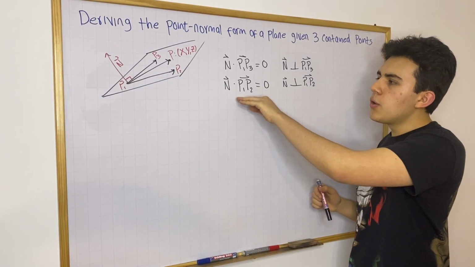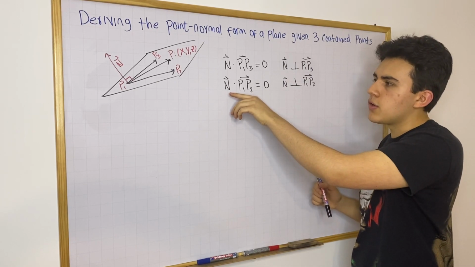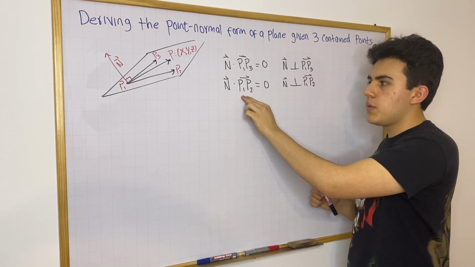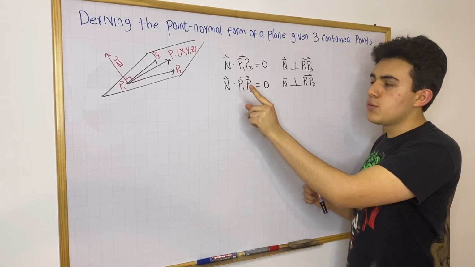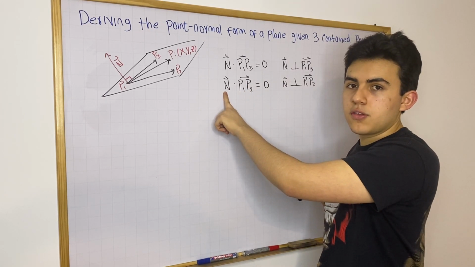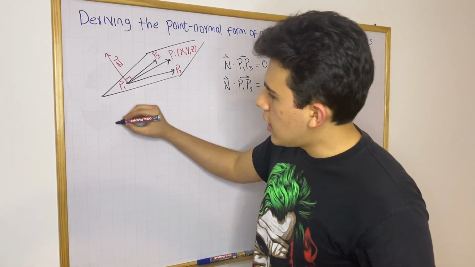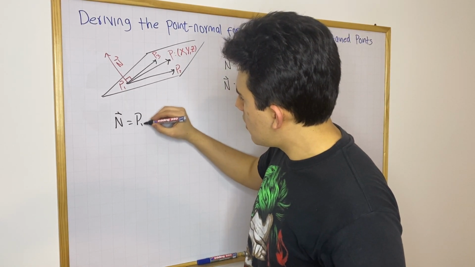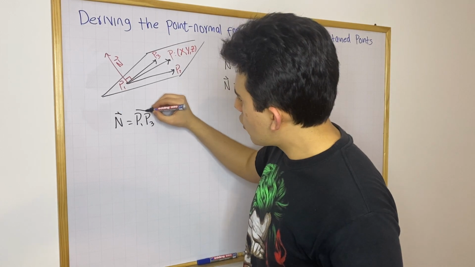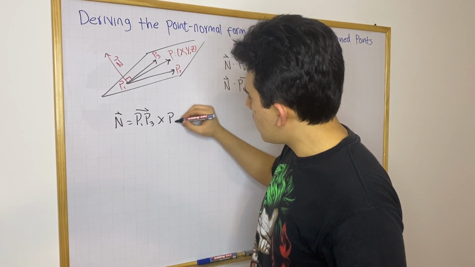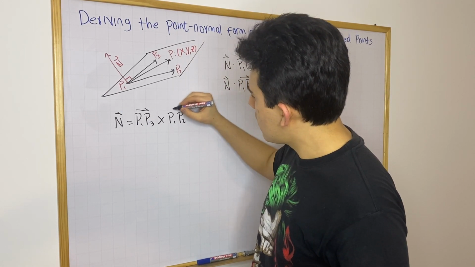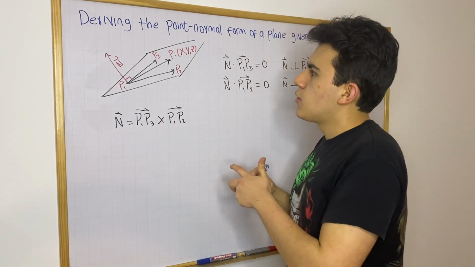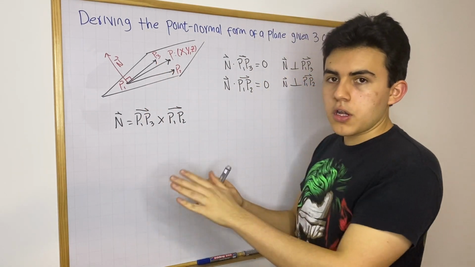It also makes sense to create this equation because we know the coordinates for P1 and P2, and something I forgot to mention, we also know the coordinates of N. N is simply equal to P1P3 cross P1P2. You have two vectors that are contained in a plane.